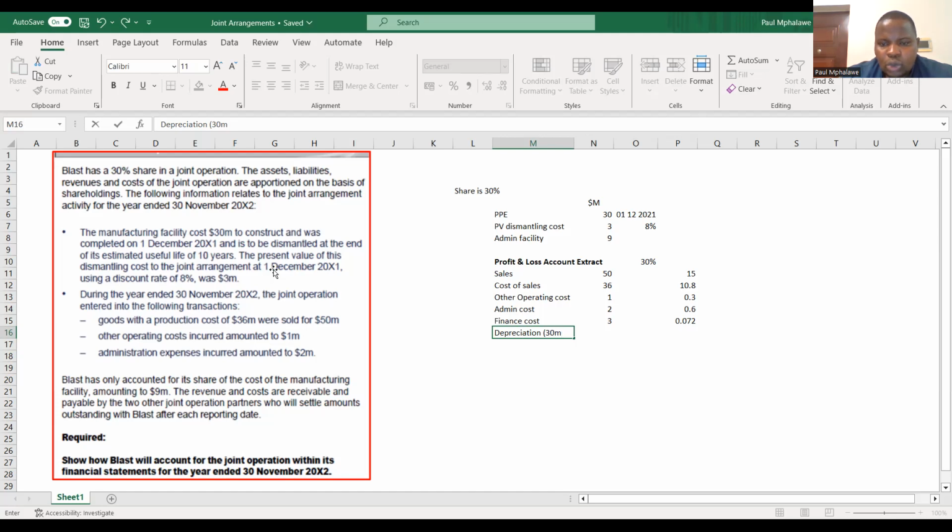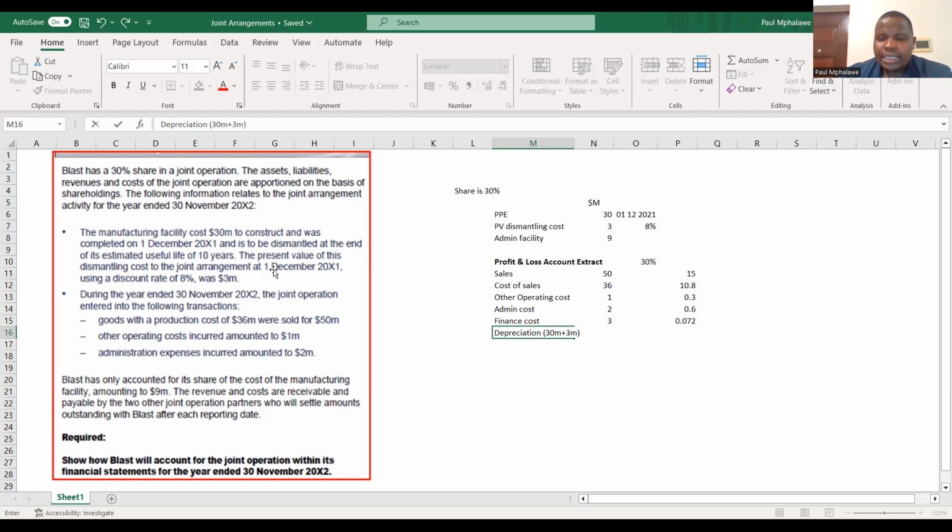Remember, when you are accounting for the cost of erecting a building, we also consider dismantling cost as part of the cost. That is to say 30 million plus 3 million.